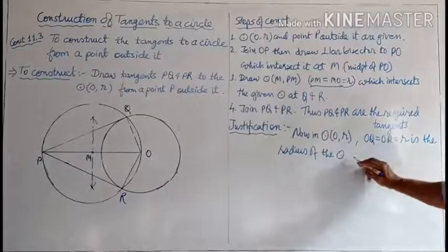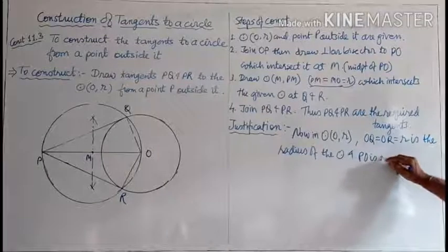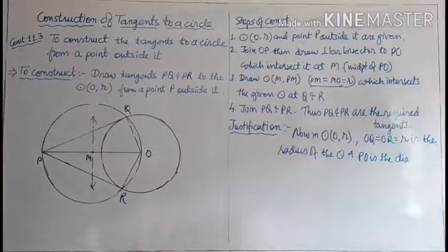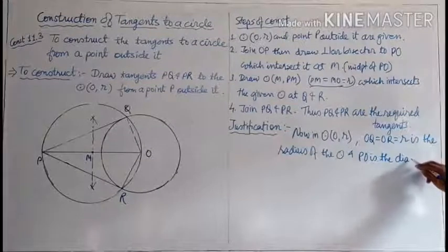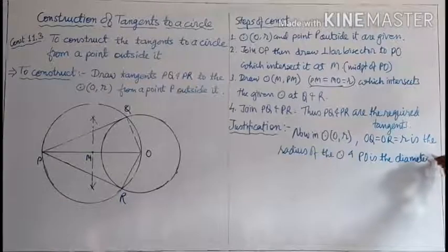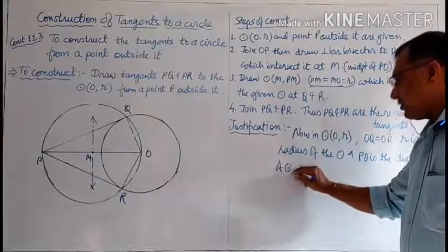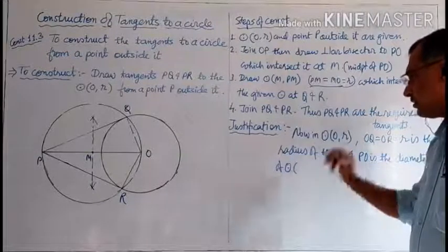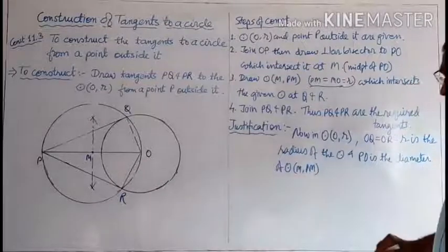And PO is the diameter of the circle with center M and the radius PM.